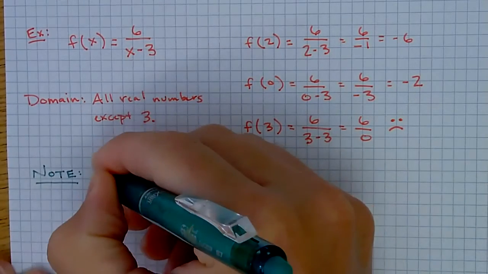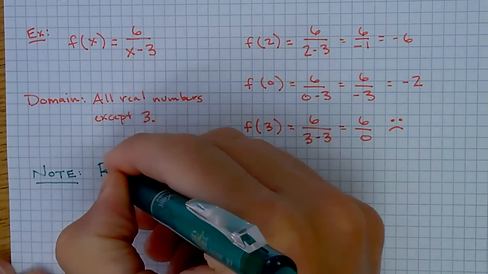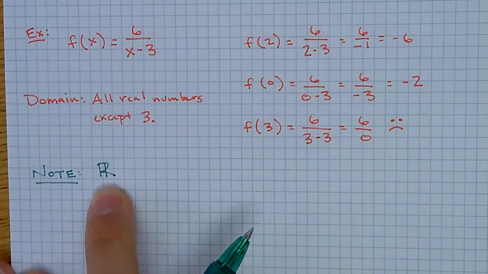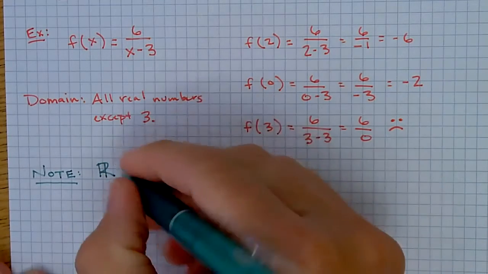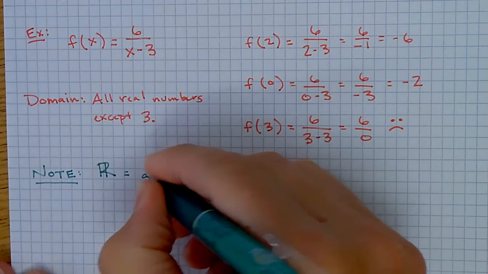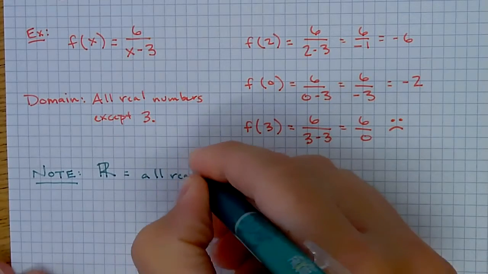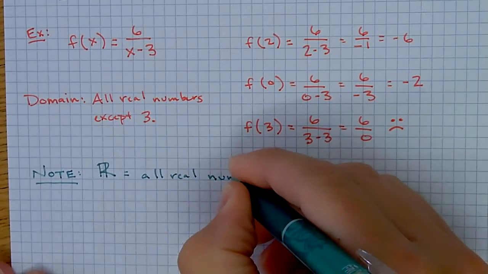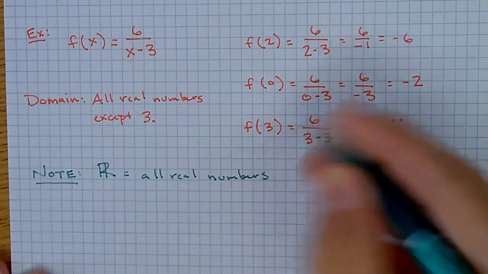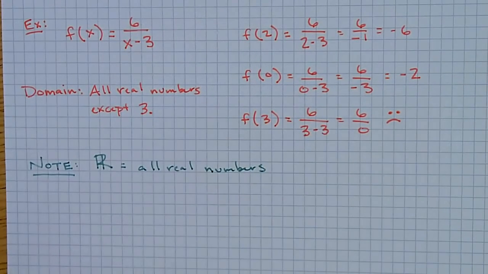Okay, a symbol you might see is basically an R with a line through it in the middle. That stands for all real numbers. Okay, just a little side note in there.